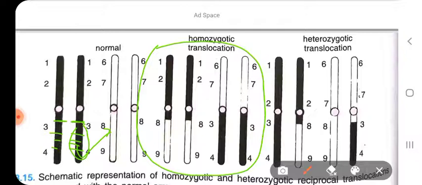So phenotypically we can observe the homozygous reciprocal translocation, and this phenomenon is called position effect, because the position of the gene which was present on one homologous pair of chromosomes has been moved to a different non-homologous chromosome pair. So obviously the effect of the genes will be there.